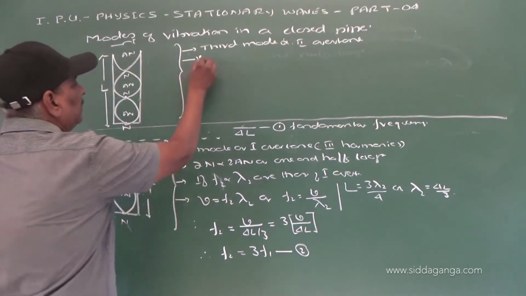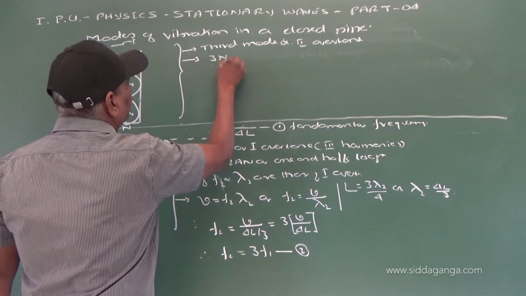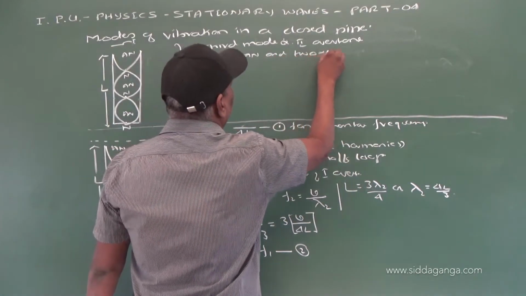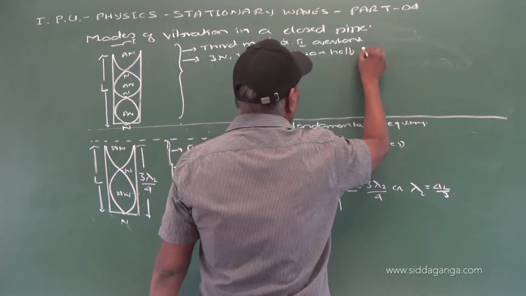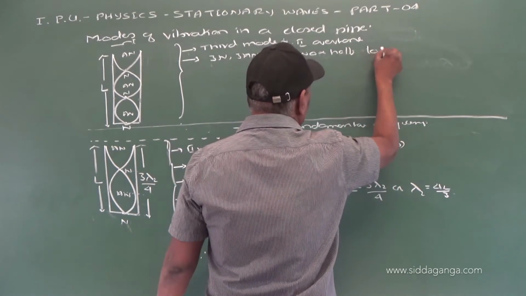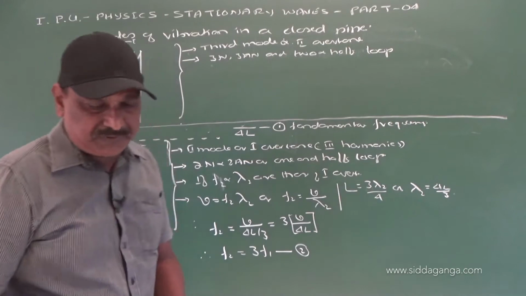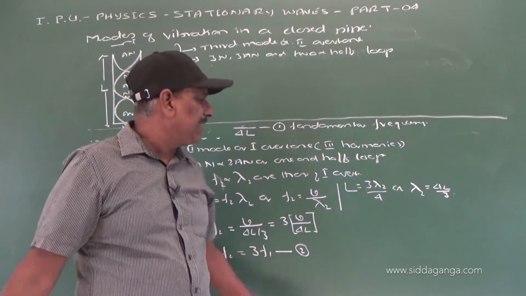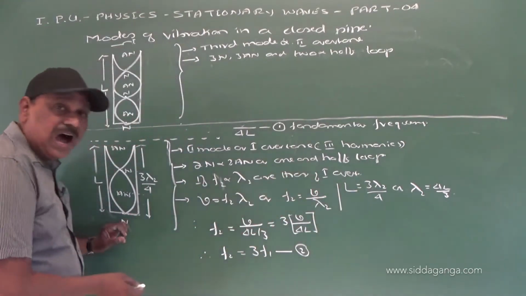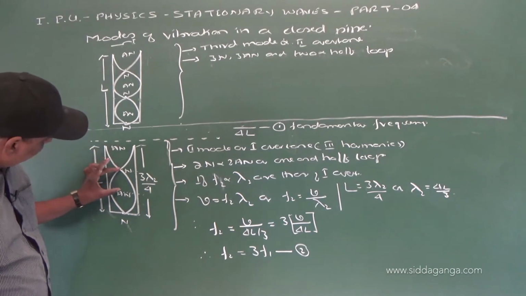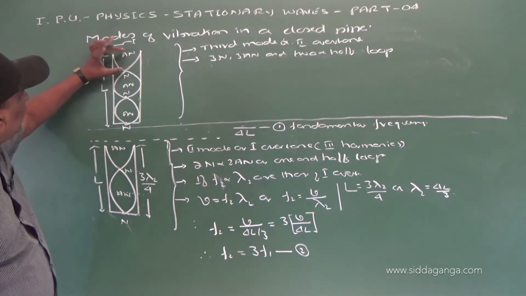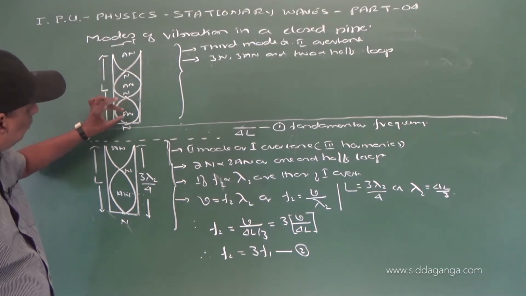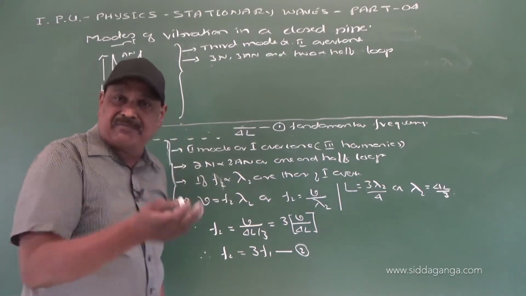So here the number of nodes are 3, number of antinodes are 3, and this is 2 and a half loops, or 5 half loops. Here first half loop, second half loop, third half loop, fourth half loop and fifth half loop, right? There are 5 half loops.